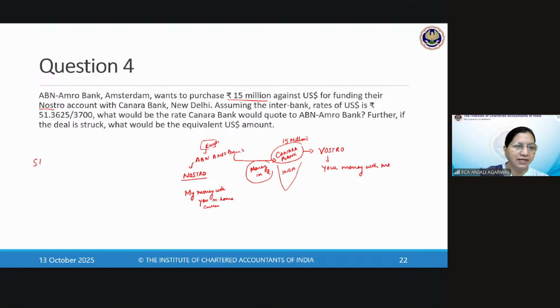So if SBI keeps an account in Citibank US in dollars, for SBI it is Nostro.